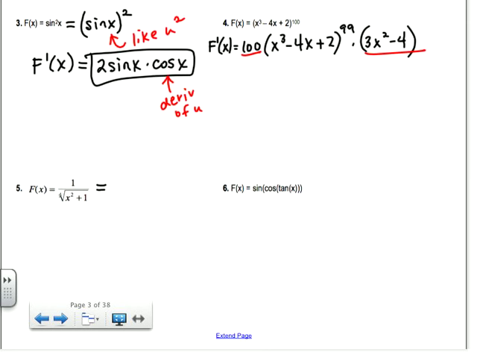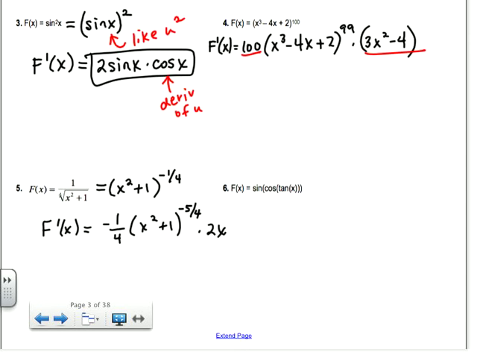So 5. First think about what the inside part is and what power that has. It's x squared plus 1 to the negative 1/4 power. So now when you take the derivative, f prime of x, you get negative 1/4 times x squared plus 1 to the negative 5/4, so subtract 1 from the power, times 2x.